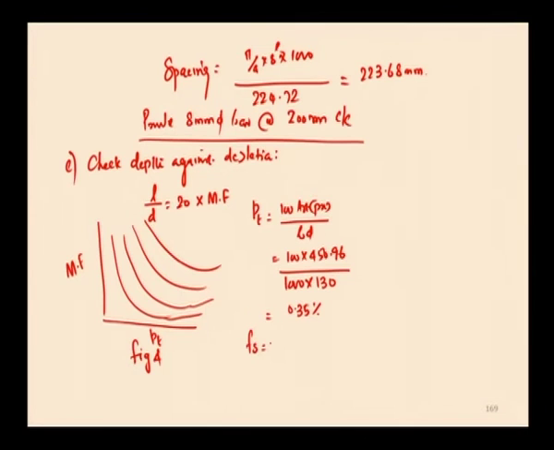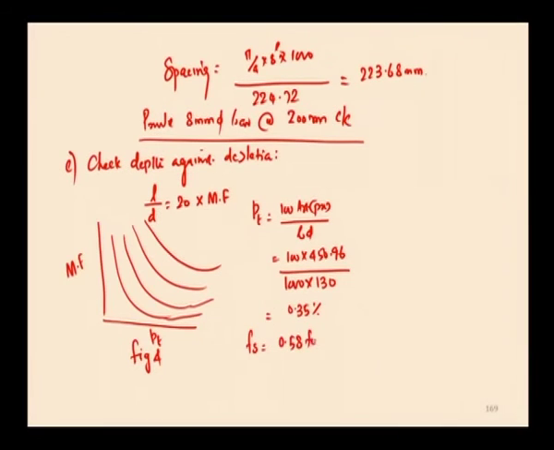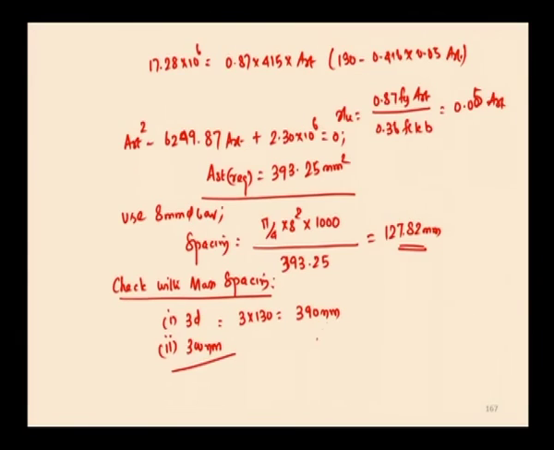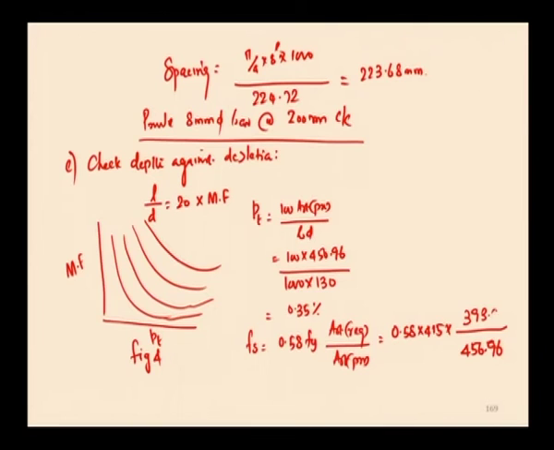And the stress which is developed in our reinforcement is 0.58 fy Ast required divided by Ast provided, that is equal to 0.58 into 415 into 393.25 divided by 456.96, that is equal to 207.14 Newton per millimeter square.